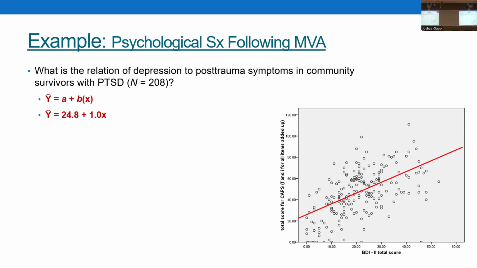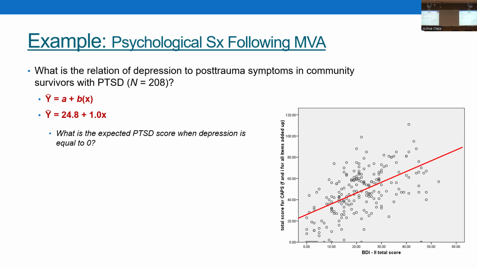Okay, and so if I'm looking at this model, Jack, based on my regression function here, what is my expected PTSD score when my depression is equal to 0? 24.8. How did you know that? Well, X would be the 0.